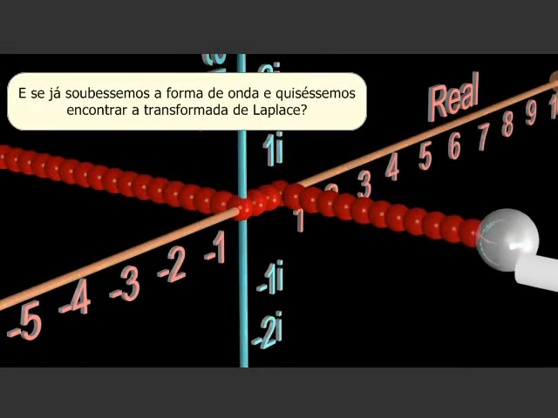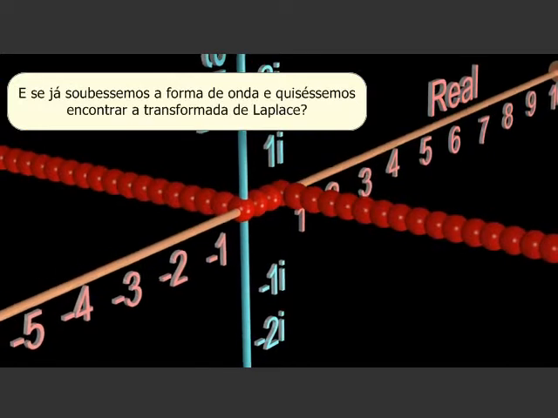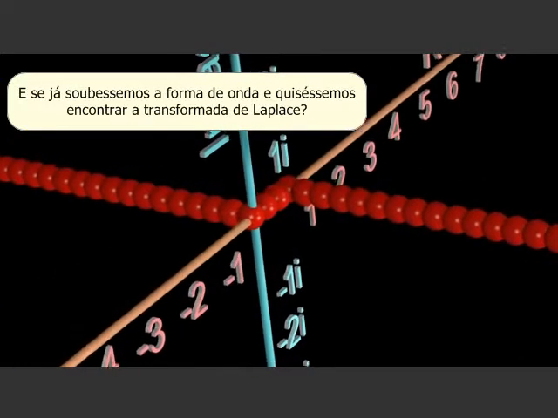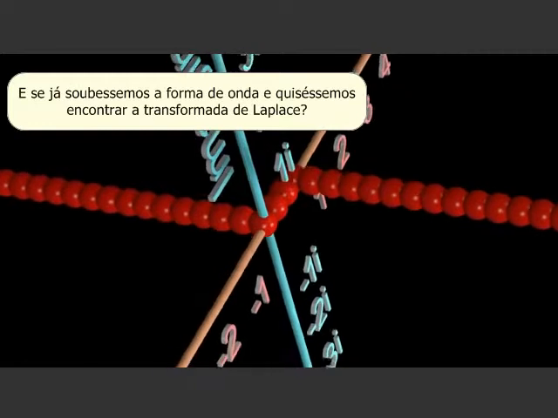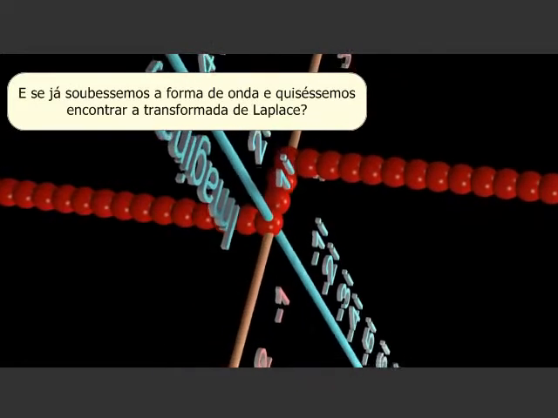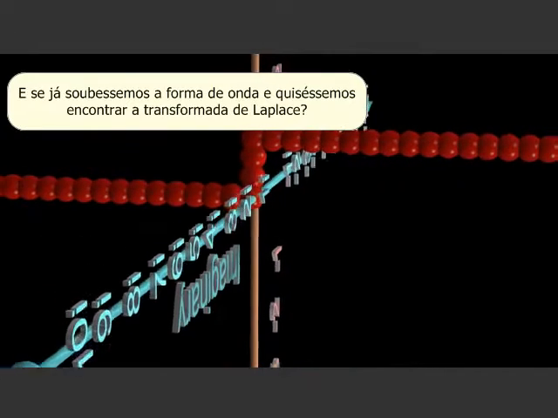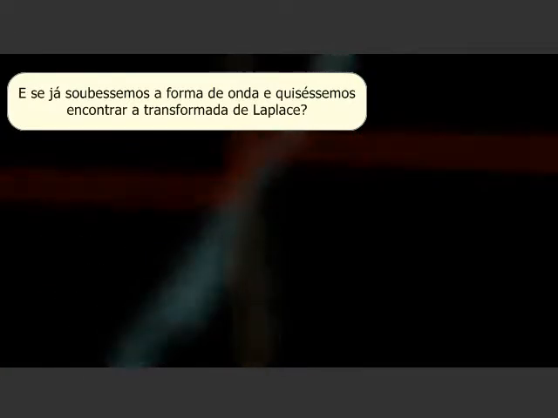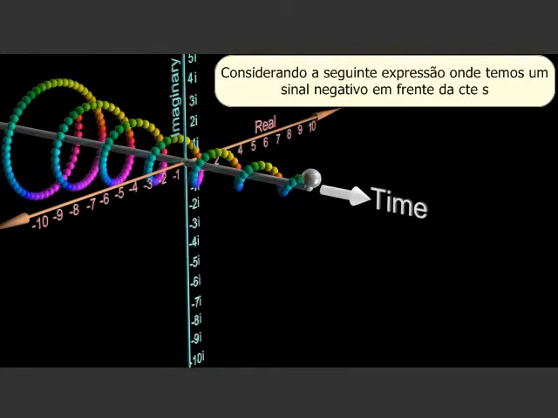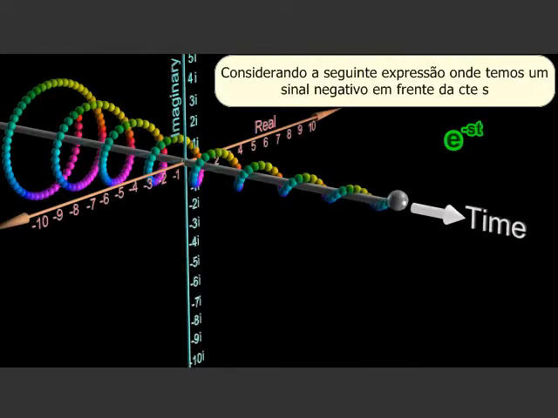What if we already know what our waveform is, and we want to find its Laplace transform? Consider the following expression, where we now have a negative sign in front of the constant s.